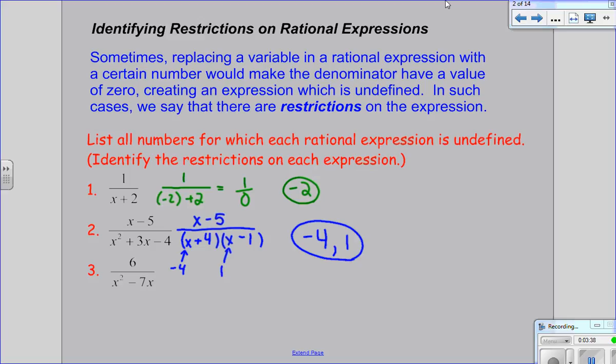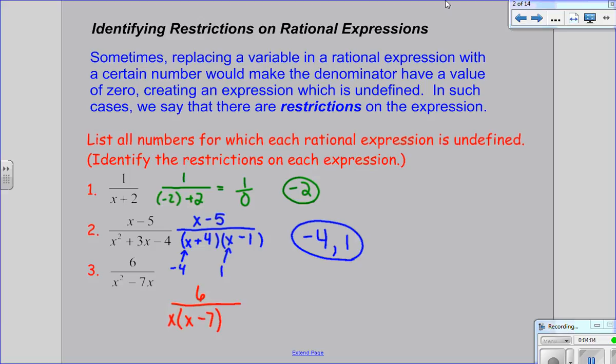And let's look at our third example. Again, I don't know exactly right now what my restrictions are, because my denominator can be factored. So let me factor the denominator. To factor x squared minus 7x, all you can do is factor out a greatest common factor of x.